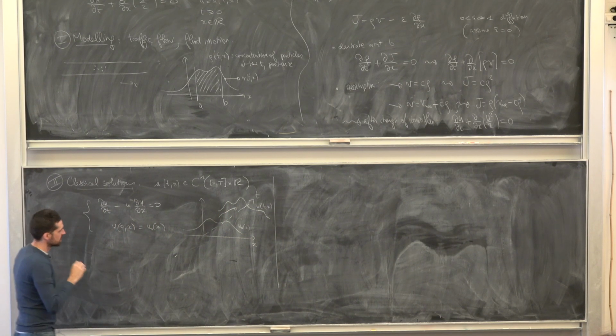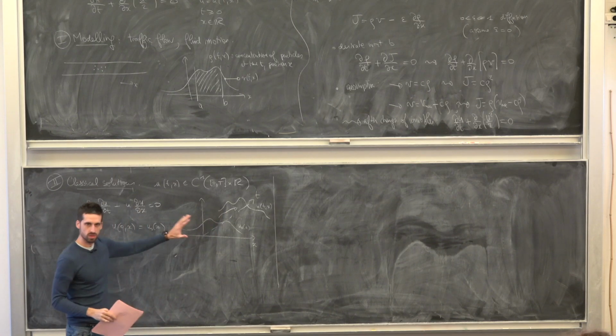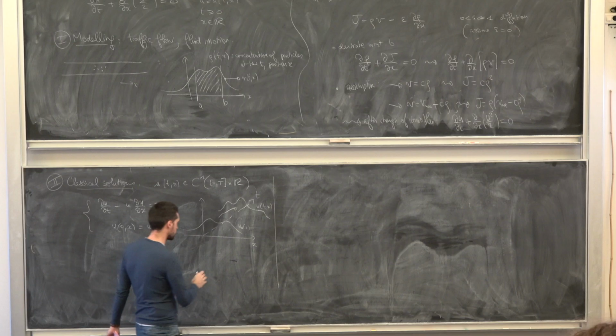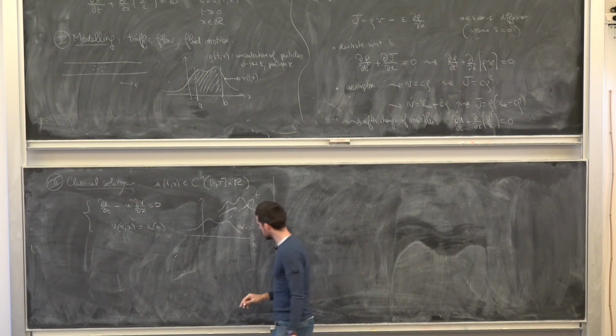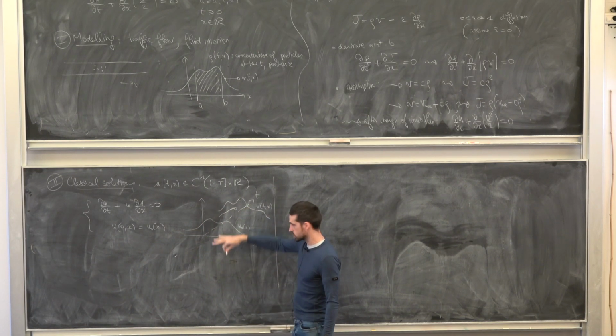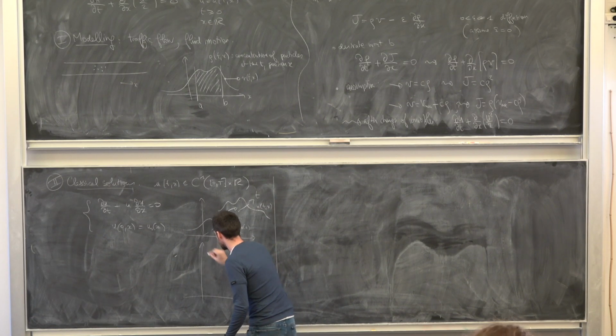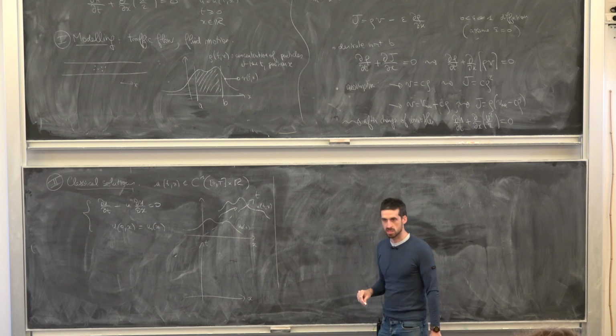Okay, and sometimes, you see this is a 3D picture. It's going to be a bit hard to make sense of sometimes. Sometimes what I will do is I will only draw the projection onto this plane here. I will only try to explain what happens in the space x and t.